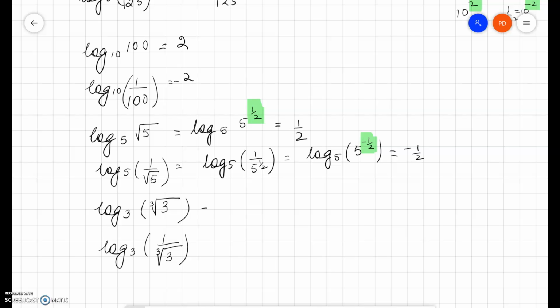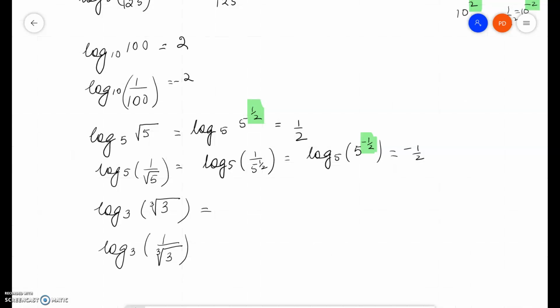One more example, log to the base 3. If we could somehow write the number as 3 to the something, so this is 3 to the 1/3, as long as the bases match, the exponent is the log of the number. Same thing here.